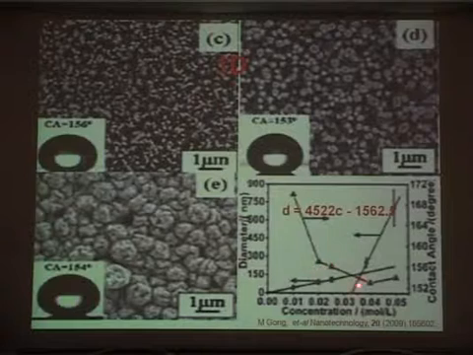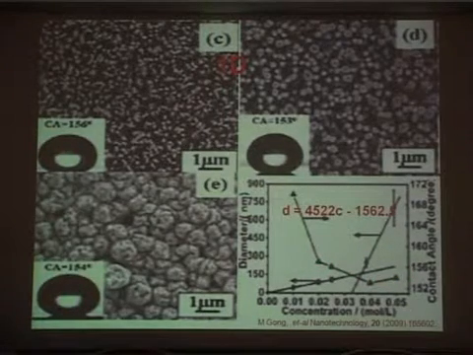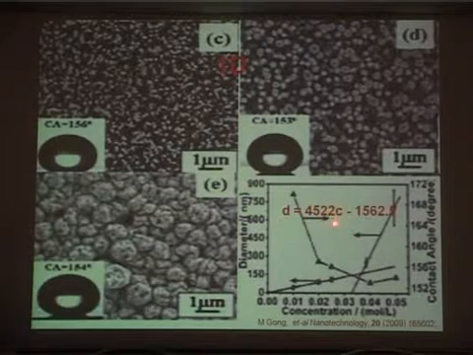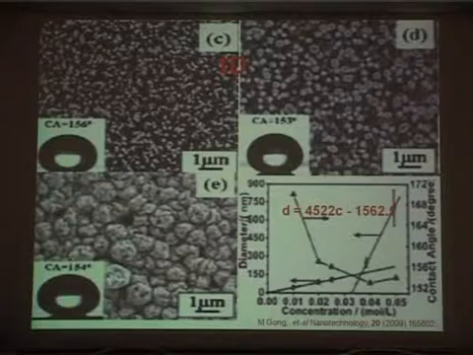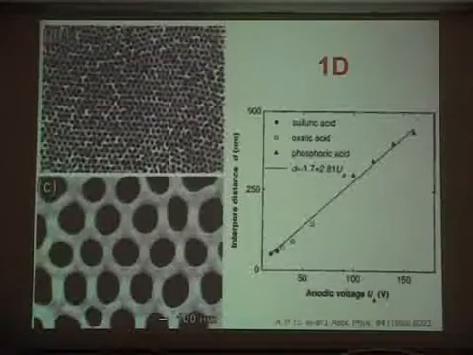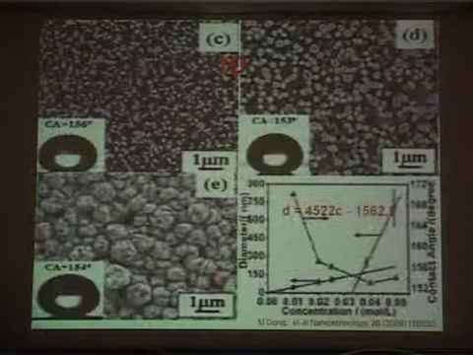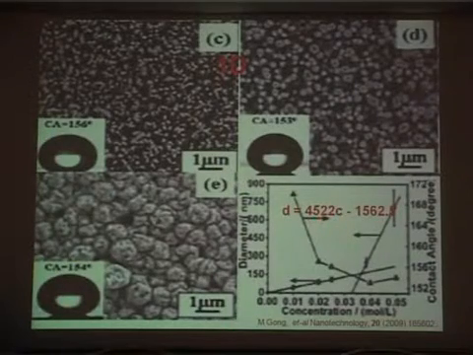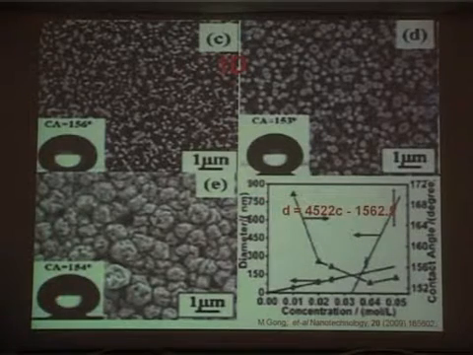This anomalous behavior they have explained by interquarsoning, but mostly this also forms a straight line. The governing factor C is the concentration of the solutions. So in the previous case, it is the anodic voltage which plays the major role, and in the second case it is the concentration of the solution which plays the major role, and in both cases this forms a straight line.